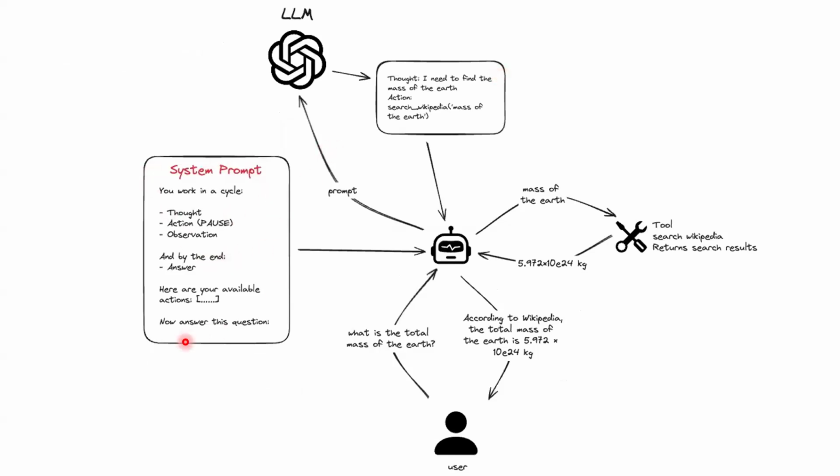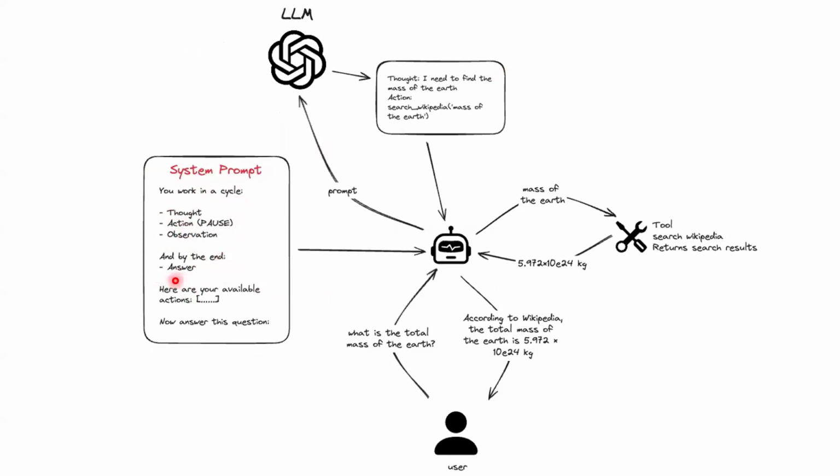Okay, in order to explain further, this is our system prompt. We need to design our system prompt. As I said, the behavior of your agent and LLM will be dependent on your system prompt, so we have to guide how it has to behave. In the system prompt we will write: you work in a cycle, or in a loop, basically. And the loop is thought, action, and observation.